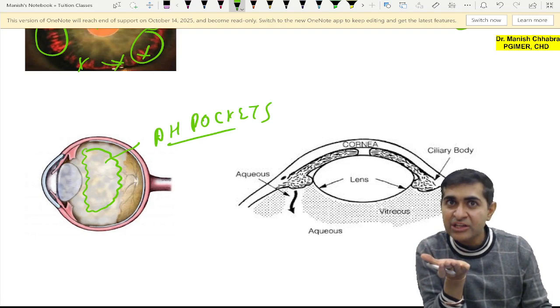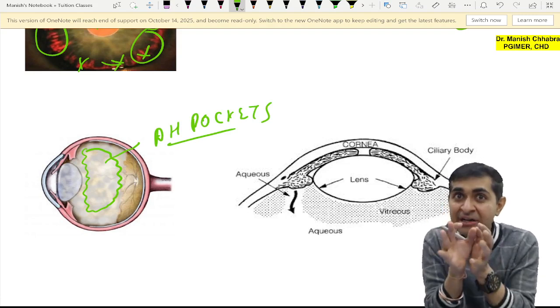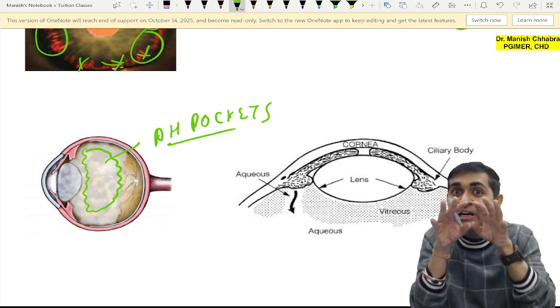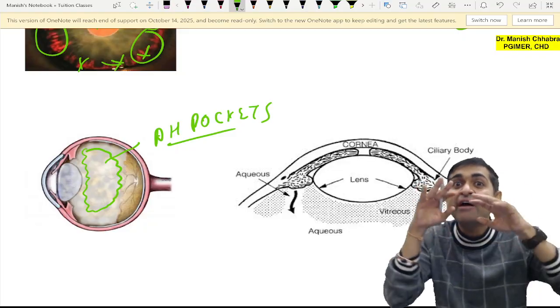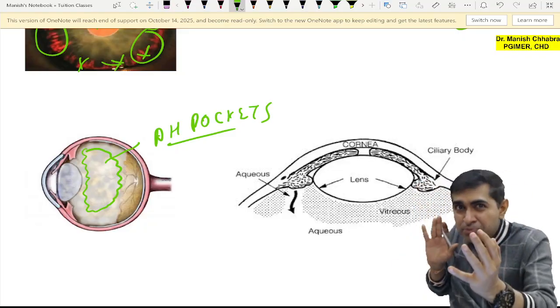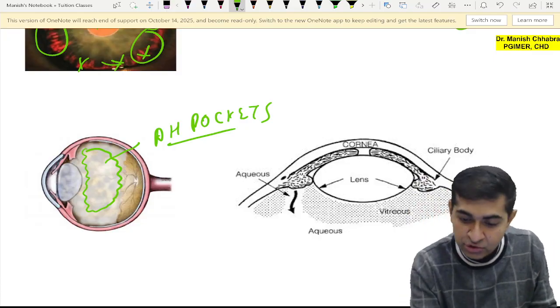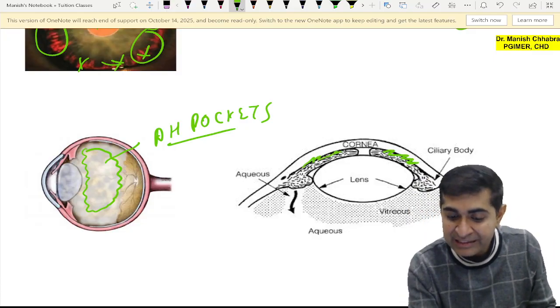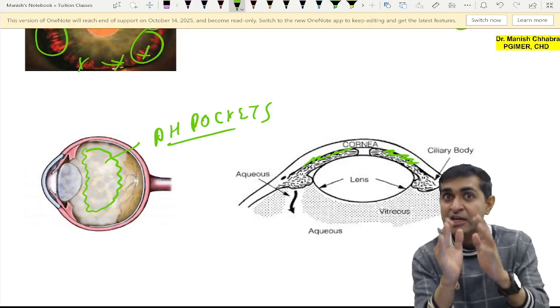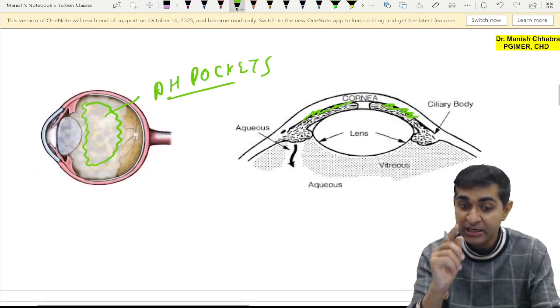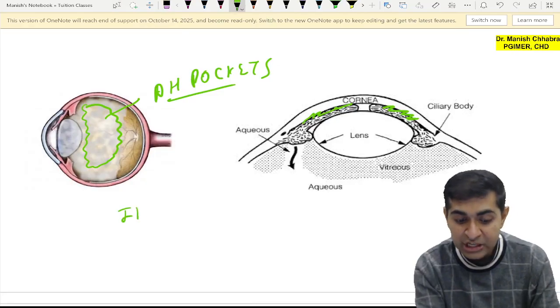As a result, there is raised intravitreous pressure in the posterior segment, which pushes the iris lens diaphragm anteriorly, leading to collapse of the anterior chamber, and it is known as malignant glaucoma. The pressure is very high, so it is also known as inverse glaucoma.